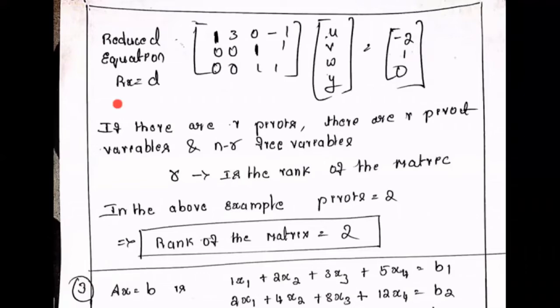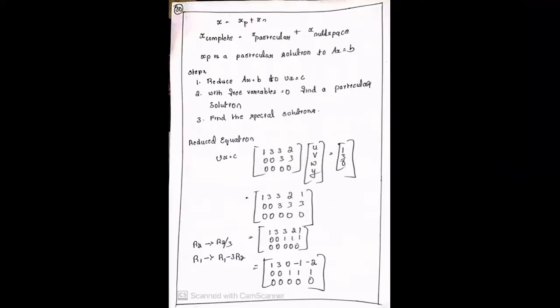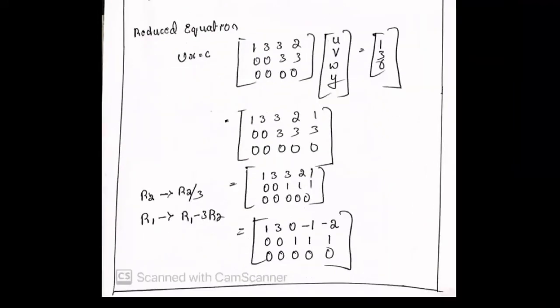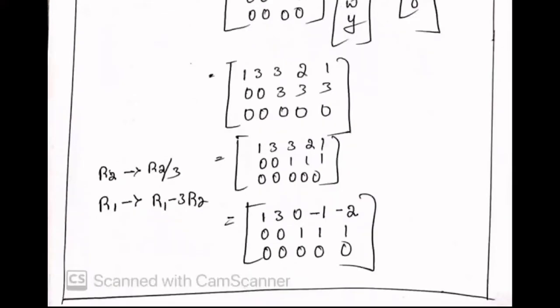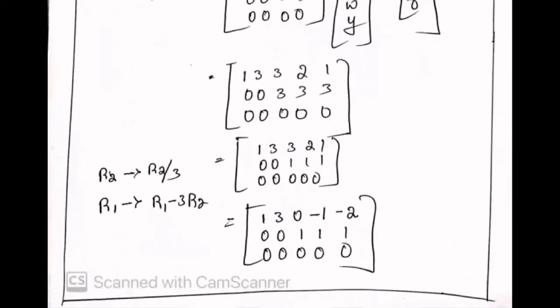Okay. So one more observation you can make: already you know that these two are 0, correct? When you observe this matrix, how many non-zero rows are there? In these 3 rows, the number of non-zero rows is 2: the first row and the second row. Similarly in this also, the non-zero rows are the first row and the second row.